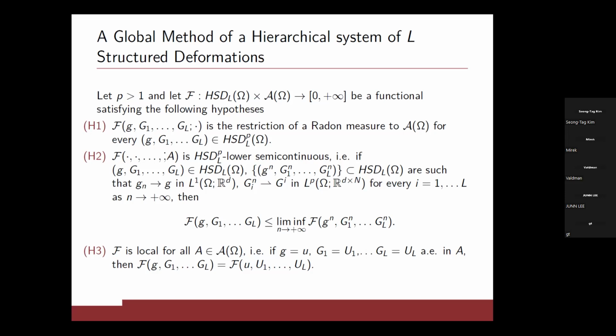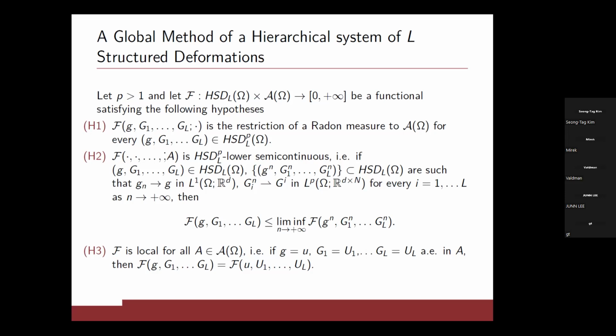So G1 up to GL, and then saying that, okay, if I have a functional which depends on this hierarchical system, and then depends on the open set omega, where I am considering this deformation occurring, and I assume some natural assumption, so morally that my fields capital F is the restriction of another measure.